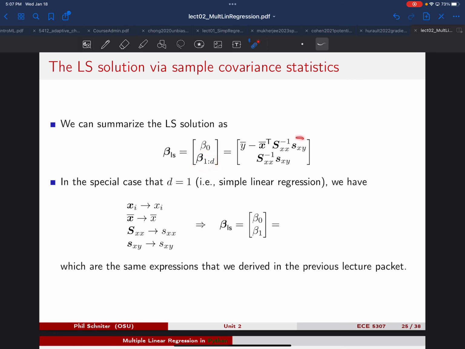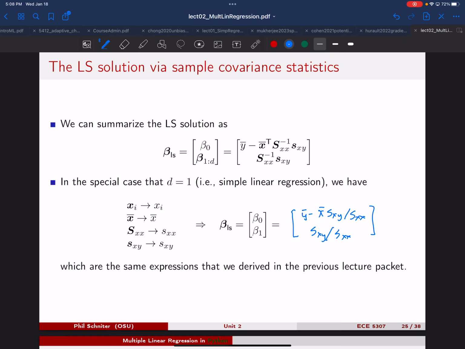And now I'm just going to plug in the expressions like this. So this is a scalar on the top, and this is a column vector on the bottom. Okay, so it might look a little bit complicated, but actually, if we compare it to the expressions from last time, which we can write like this, so beta 0 in the last unit was y bar minus x bar sxy divided by sxx, and beta 1 was sxy divided by sxx.